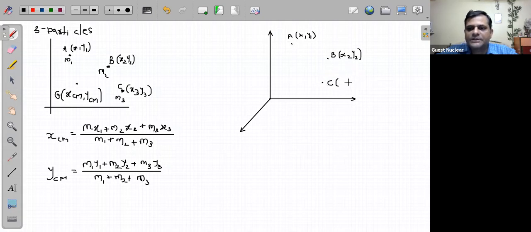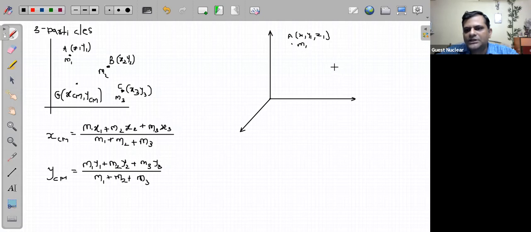Now these three particles are in space, meaning they can be anywhere. So sorry, every point will have three coordinates in that case, right? So x1, y1 and z1 will be the coordinates of this first point A, and obviously its mass is going to be m1.